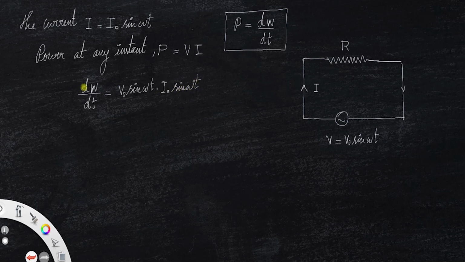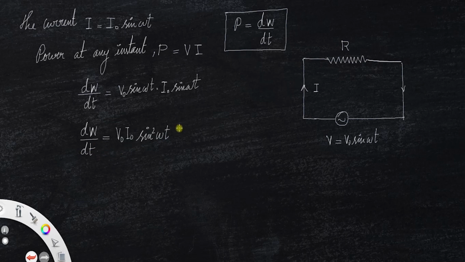Clear? So dW by dt is equal to, multiplying these two and rearranging, V0 I0 sine omega t into sine omega t, which is sine square omega t.